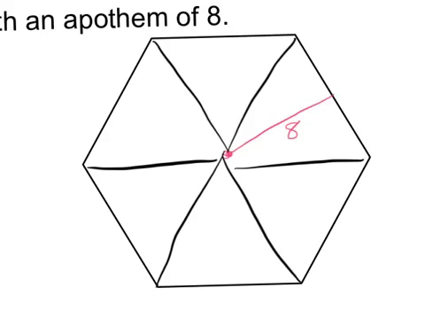And they would all be 60 degrees, but we could just fill that in. And since I cut this triangle in half by drawing the apothem, that means that this is a 30-degree angle, and this is a 30-degree angle, and this is a right angle.